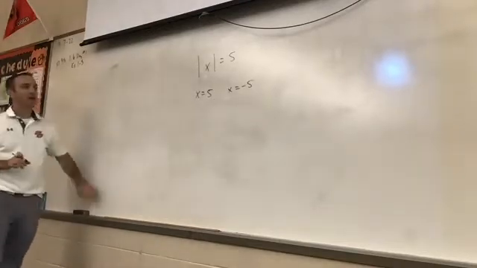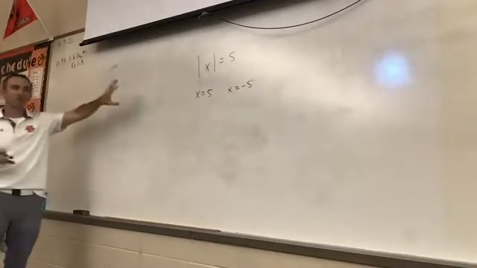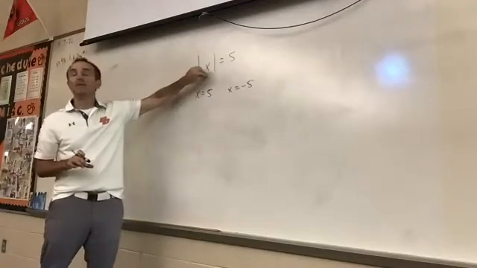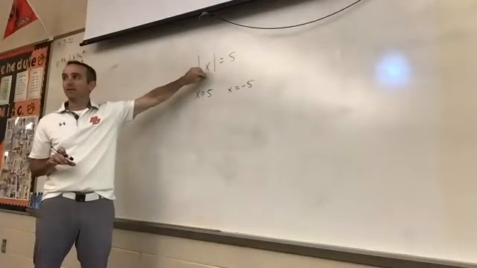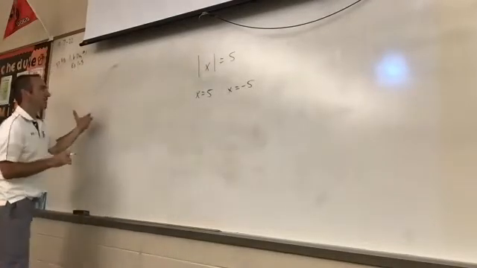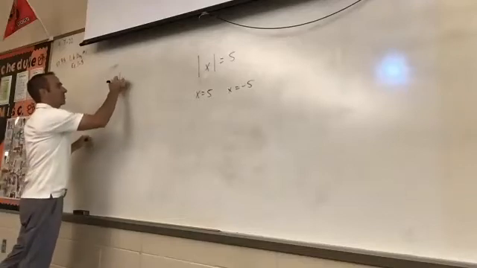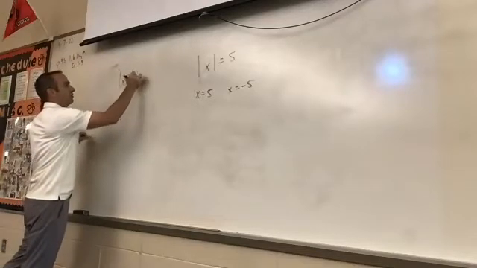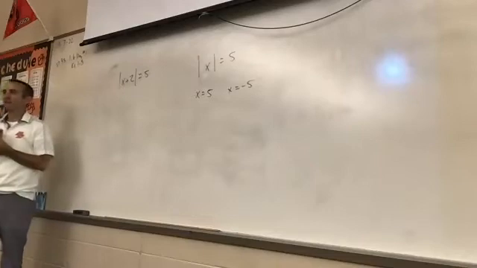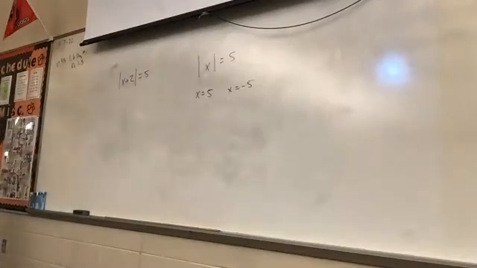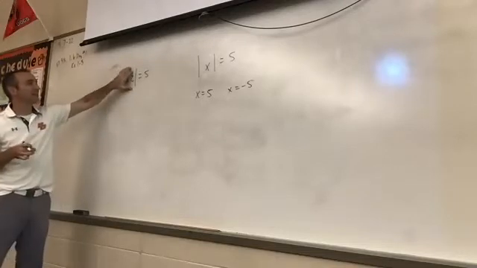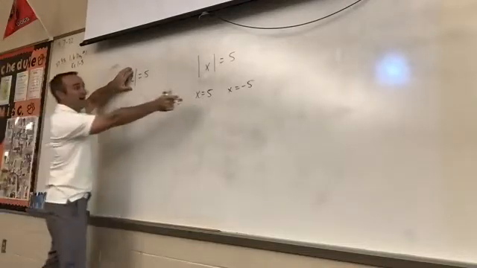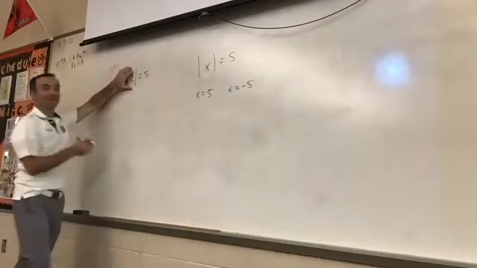Okay, so now that we understand that we are going to have 2 answers because there are 2 possibilities for what's on the inside, let's take it one step further. Let's go now, the absolute value of X plus 2 is equal to 5. But we know what's on the inside of that absolute value has to either equal 5 or negative 5.